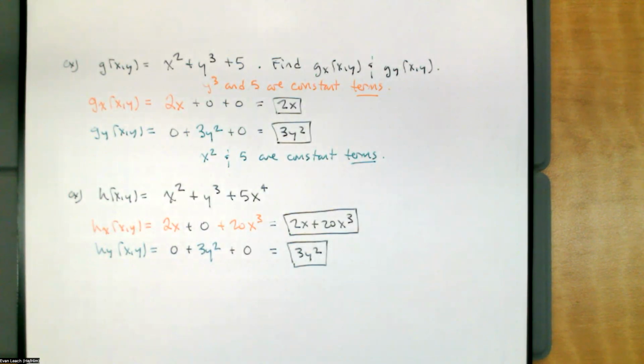G and H are the same with respect to y. The plus 5 versus plus 5x to the fourth is only going to change things at different x values. But the y is always going to look like y cubed plus some constants.